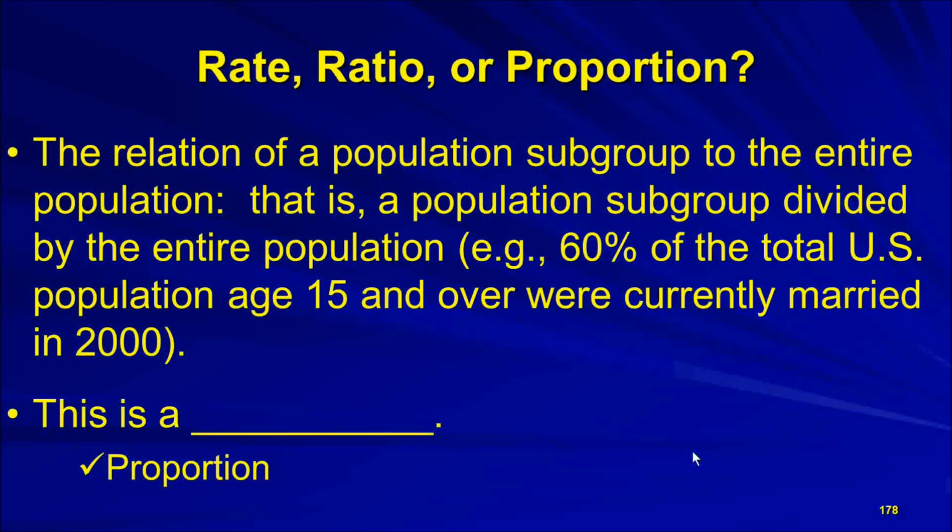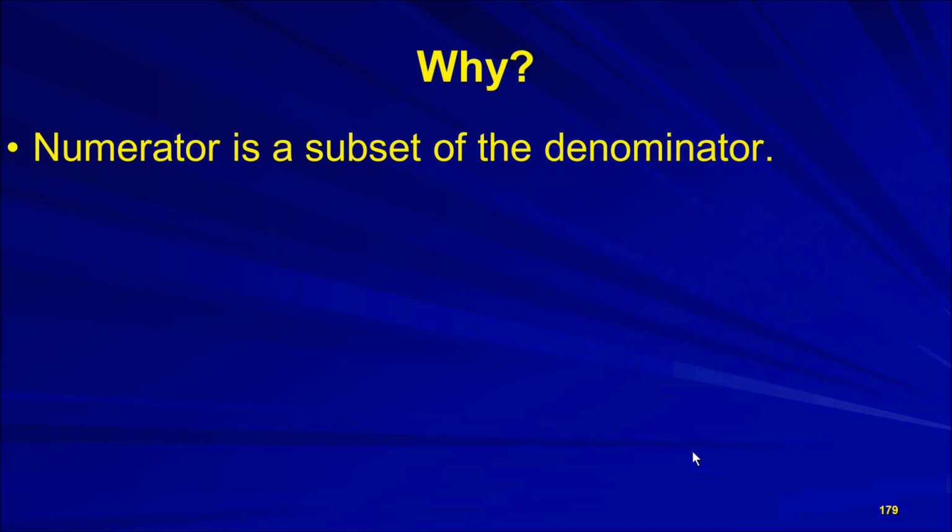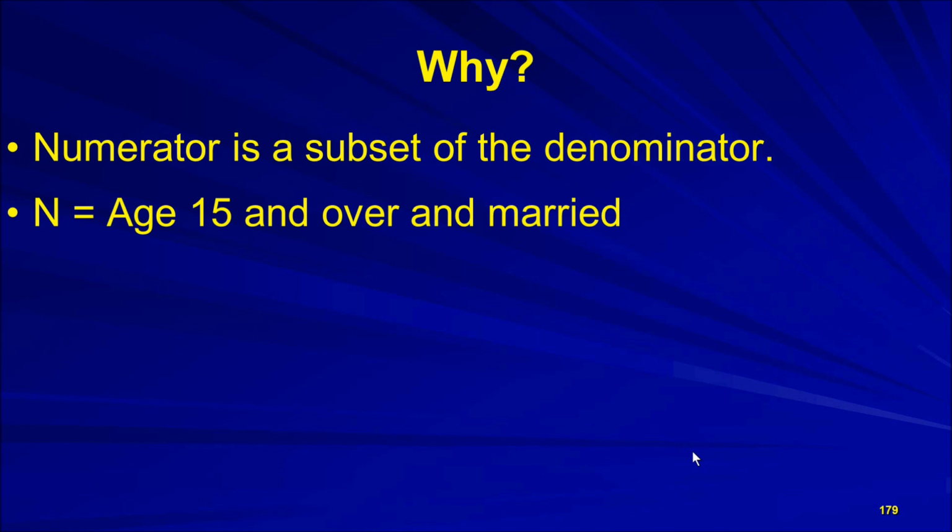So never married, separated, divorced, and widowed would make up the 40%. That would give you, you would account for 100% in the denominator.